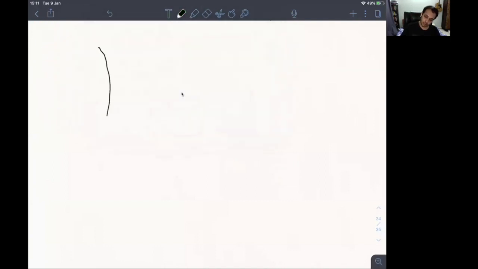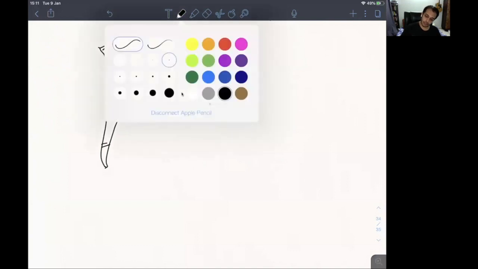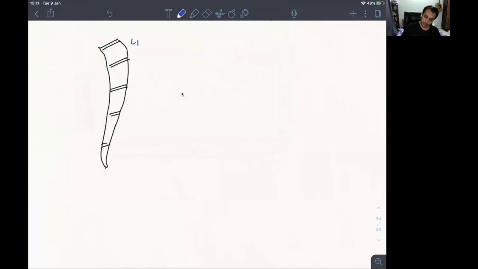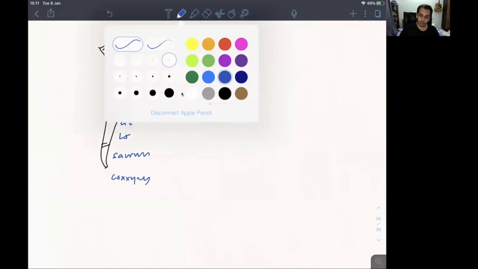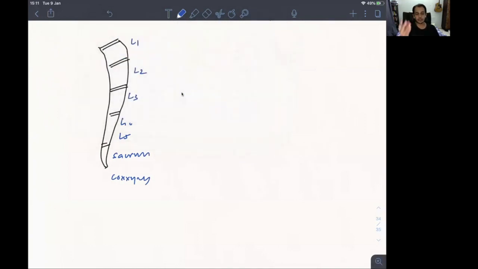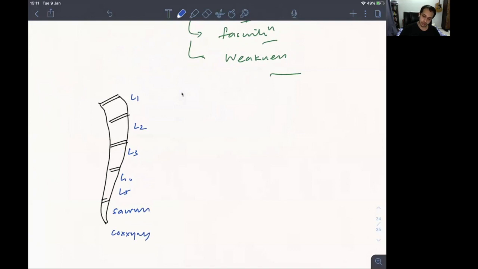So let me draw this is the vertebral column, and you have L1, L2, L3, L4, L5, and then sacrum, and then coccyx. So the way the spinal cord is arranged is that the lower part of the spinal cord, your nerve roots all arise.